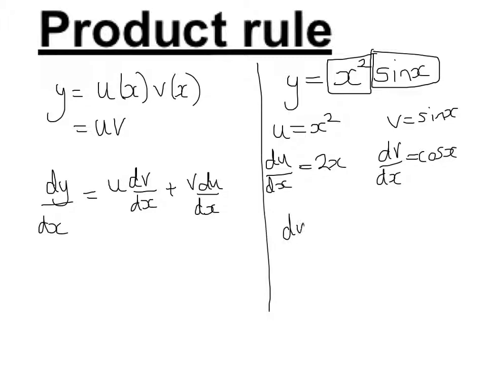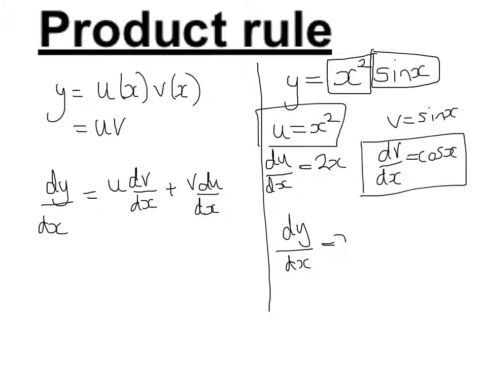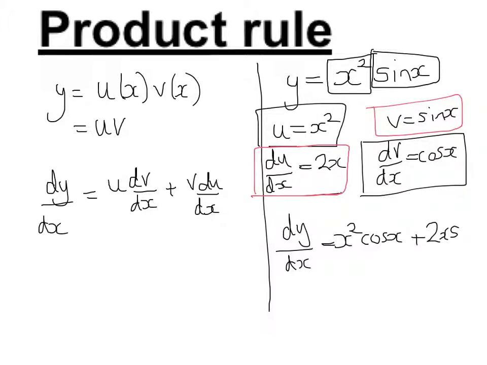Now dy by dx is u multiplied by dv by dx, that's x squared cos x plus 2x here, so plus du by dx multiplied by v, so you've got 2x sine x, and that's it.